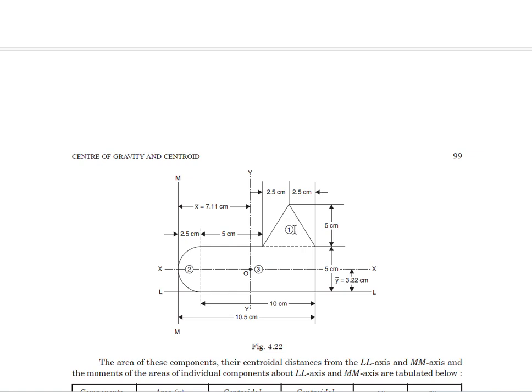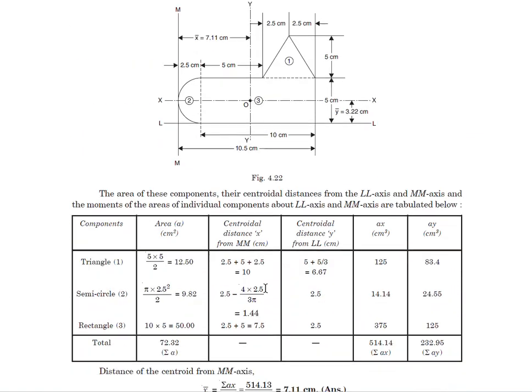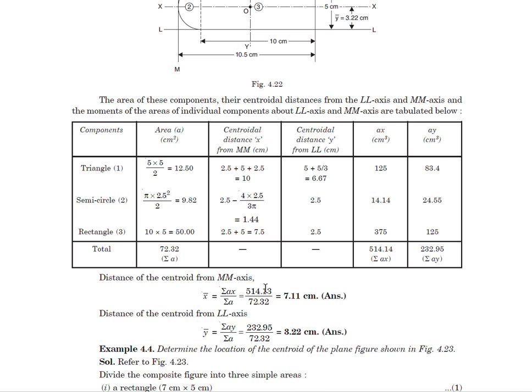The first one is this triangle, the second area is a semicircle, and the third is a rectangle. The procedure we will use is the same as that we used in the first example, or that we discussed in the general case in our first video.